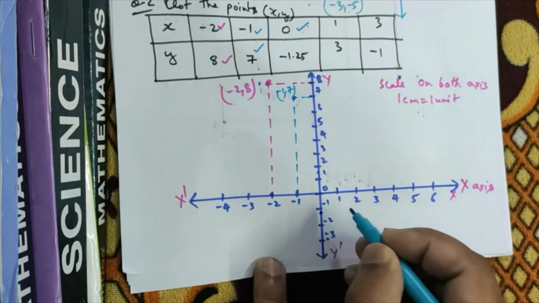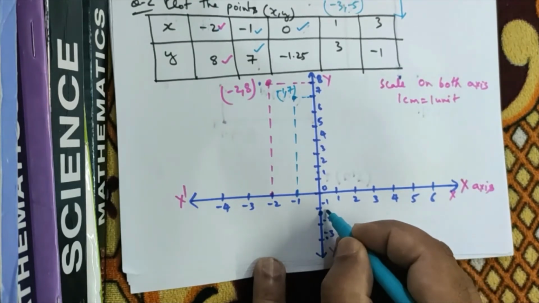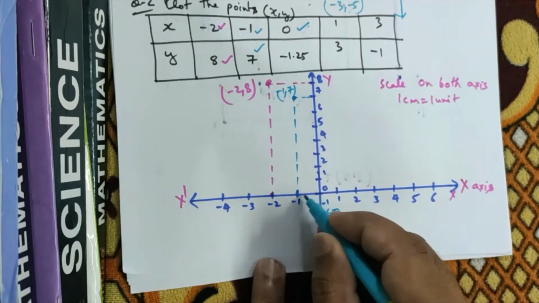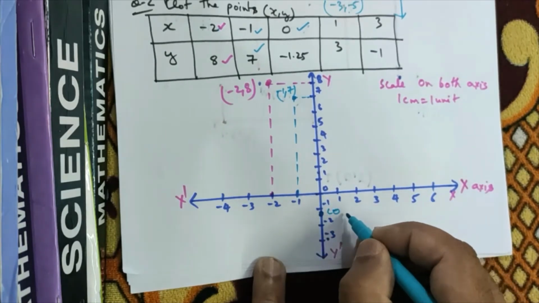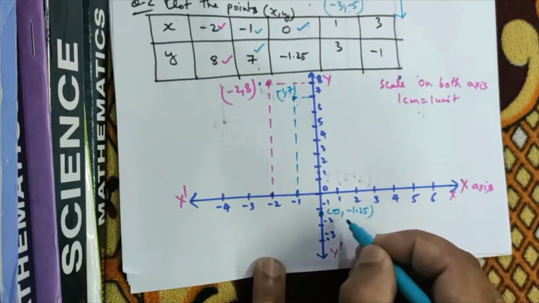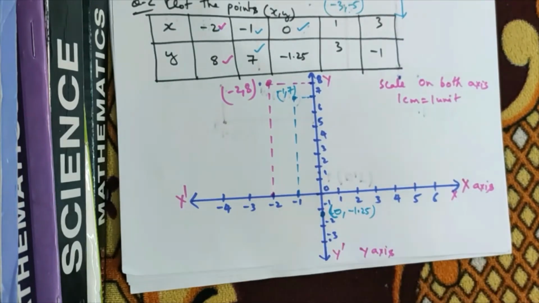If suppose this is the point minus 1.25, so the point will be here, that is x is 0 because it is lying on the y axis, comma minus 1.25. It will be somewhere between minus 1 and minus 2. It will not be lying in any of the quadrants, it will be lying on the y axis.